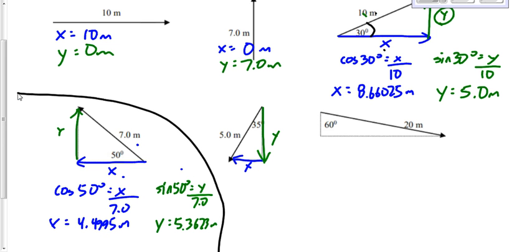So the Y component is 5.36. We could say the X component is negative 4.4995. Some people will choose to put in the negative here. Some people will choose to put it in later on when we actually go to use this number. That's up to you. We'll address that more later on, okay?